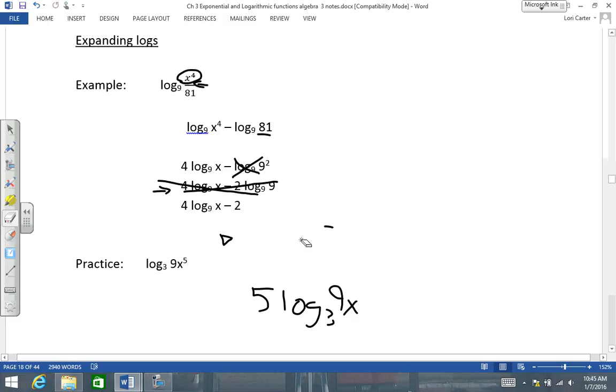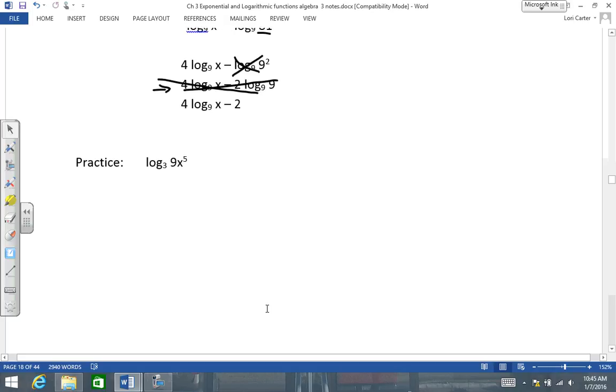Okay, what are the two things I'm multiplying, Zach? 9 and x to the 5th. So how do we rewrite this? Okay, how do we write this?